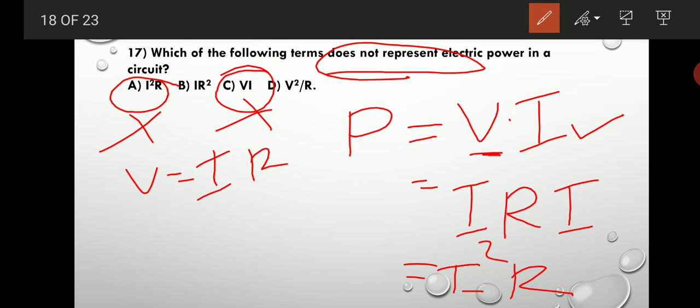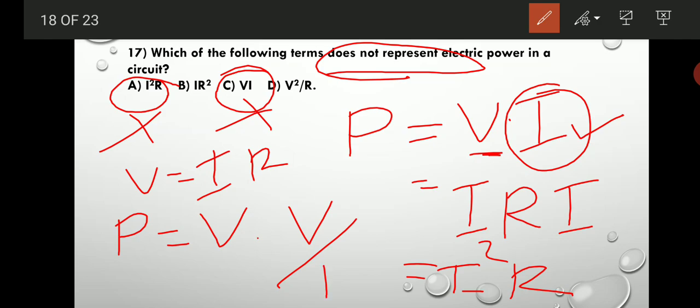Now we have to see B and D. Now you just substitute the value of I. So P is equal to V, keep as it is. Here I becomes what? V by R, right? In the first case I substitute the value for V, and in the second case I substitute the value for I. So it is V square upon R, and this one, right?